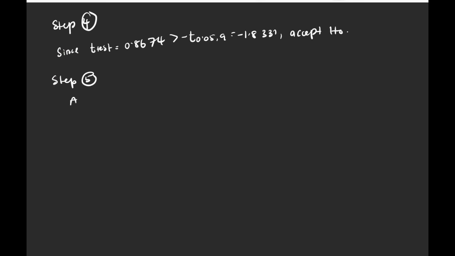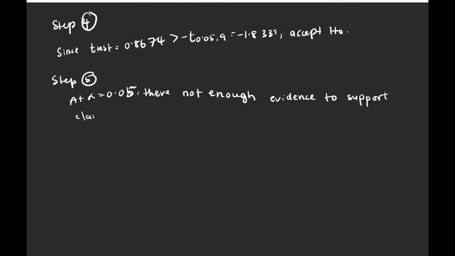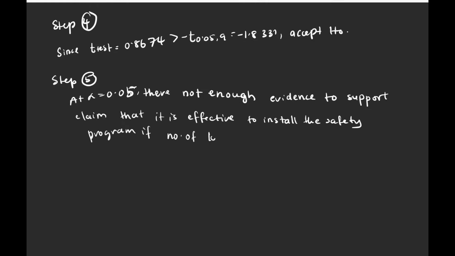So you write down, at alpha 0.05, there is not enough evidence to support the claim that it is effective to install the safety program if the number of losses of worker hour after is less than before.